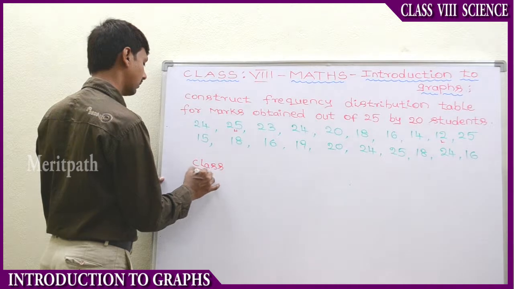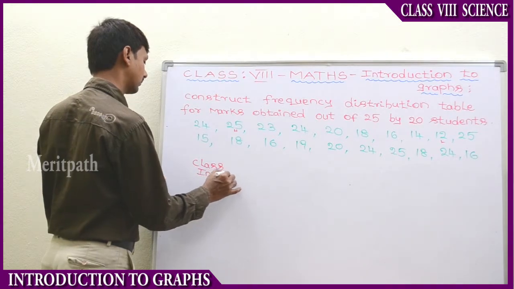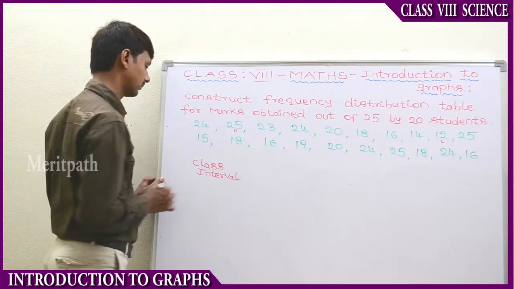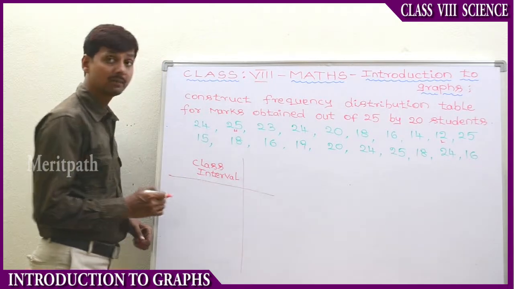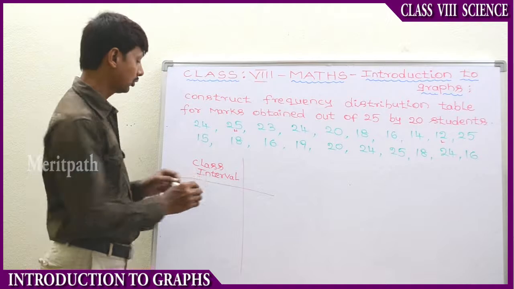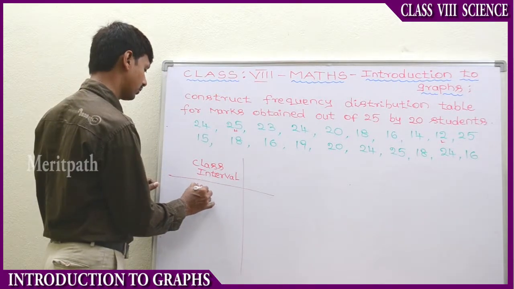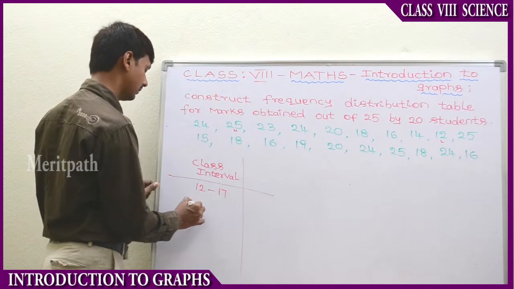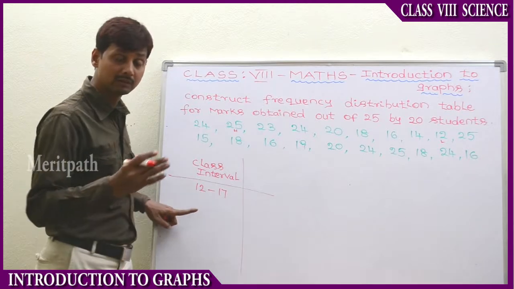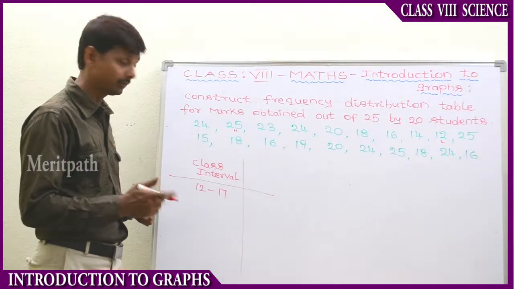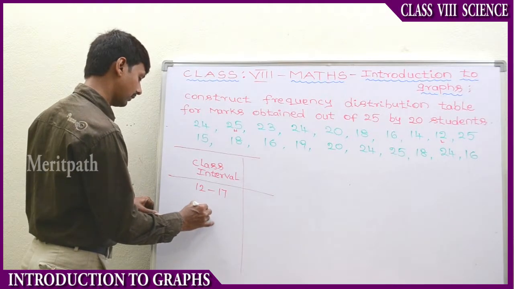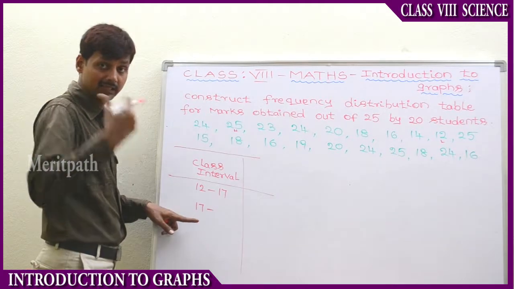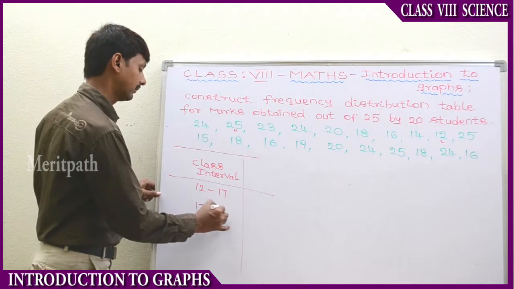The class interval starts from 12. So 12 to 17: we take 12, 13, 14, 15, 16 only in this. Next one, 17 we take in the next class, 22.